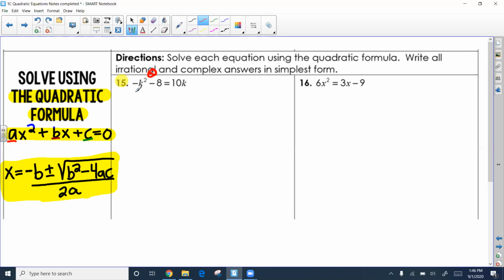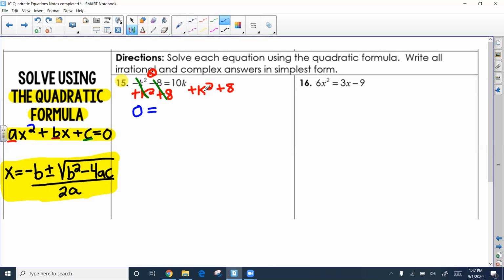So to get rid of the negative k squared, I'm going to add k squared to both sides. And to get rid of the minus 8, I'm going to add 8 to both sides. So then the left side is equal to 0. Now, on the right side, you could write it in this order, 10k plus k squared plus 8.